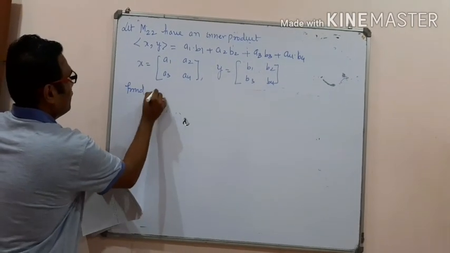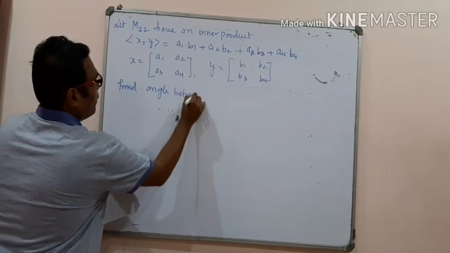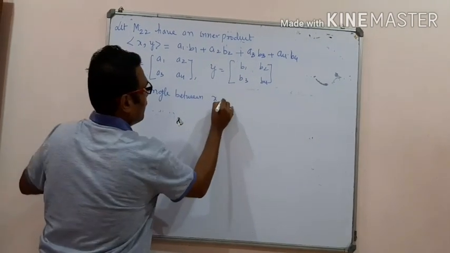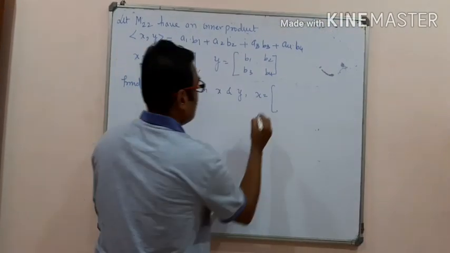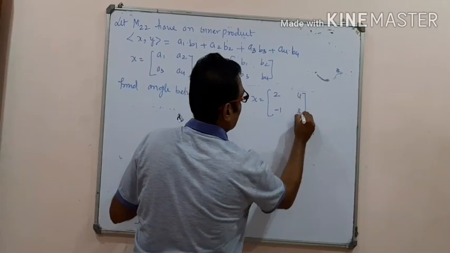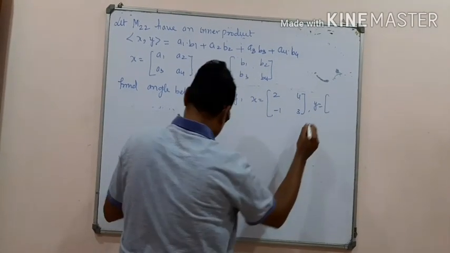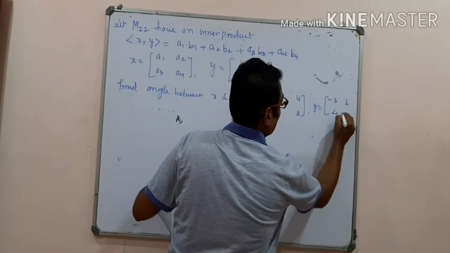Find the angle between x and y, where x is equal to 2, 4, minus 1, 3 and y is equal to minus 3, 1, 4, 2.